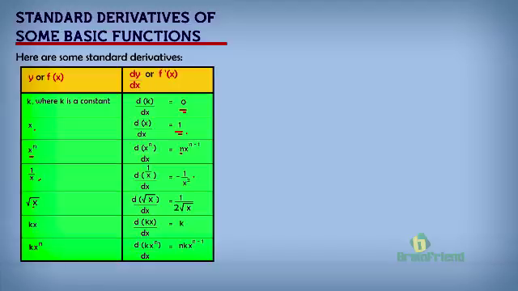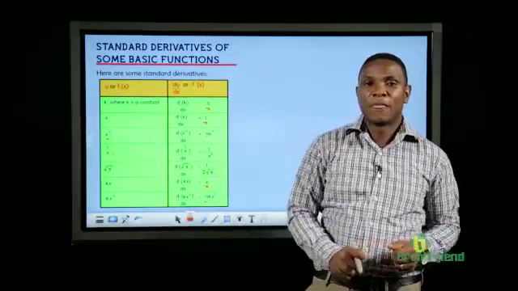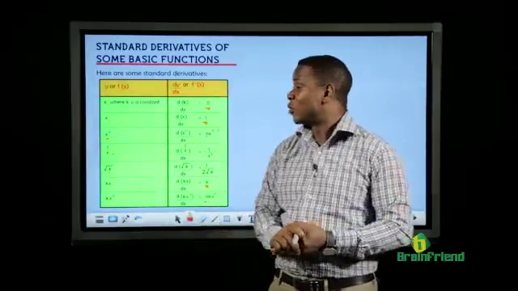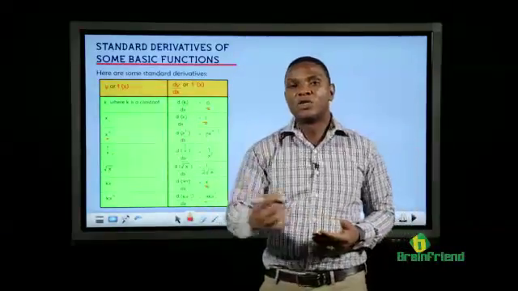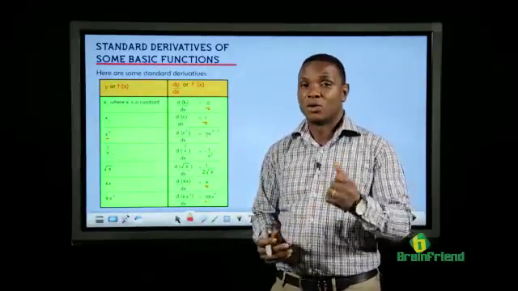The derivative of a constant multiplied by x, our variable, would give us the constant alone. And the derivative of our constant multiplied by our variable x raised to a power would give us that power multiplied by the constant multiplied by x raised to power n, which is our power, minus 1. So these are just some standard derivatives. Even as we go further in study, we'll find that we can just take the knowledge of these standard derivatives and impute them as the need arises in the course of calculation.